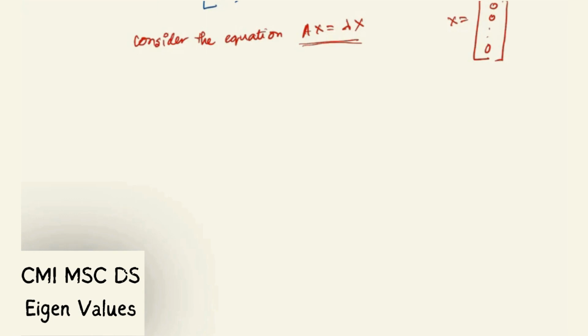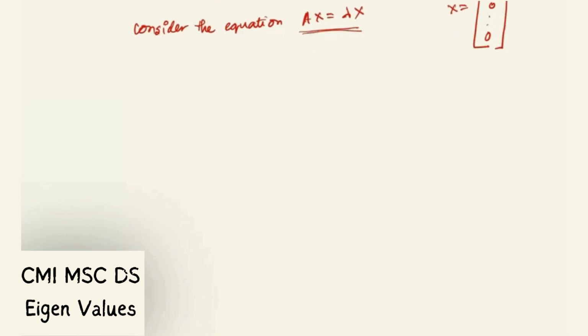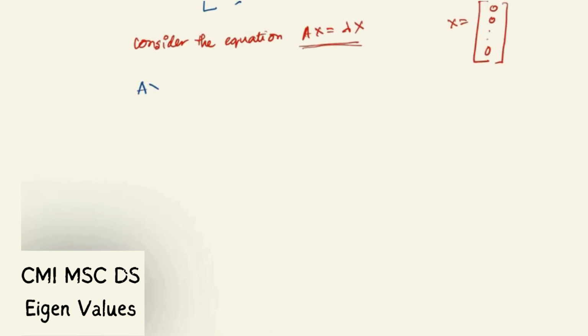which can give me a different x and a different lambda. So how can I do that? Let's write it down in this way. Ax equals lambda x. Then Ax minus lambda x equals 0.